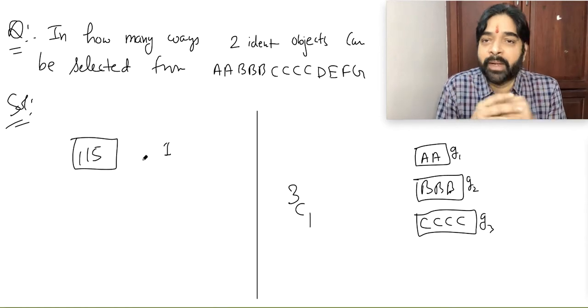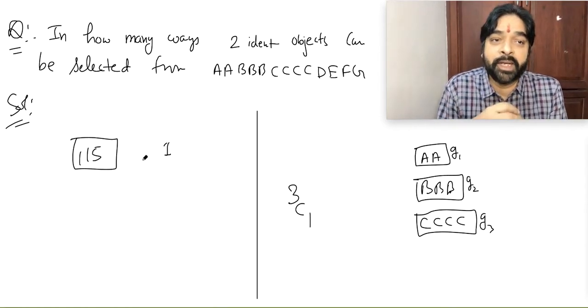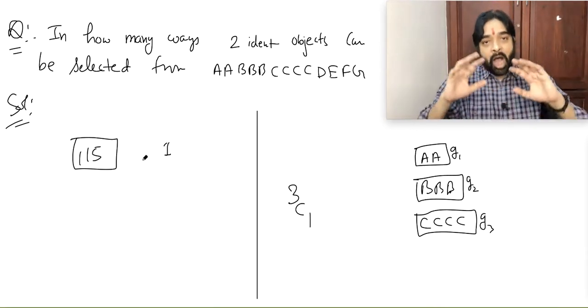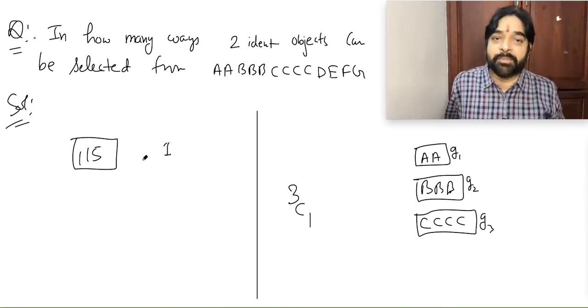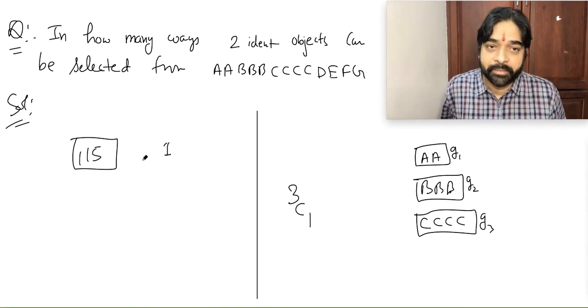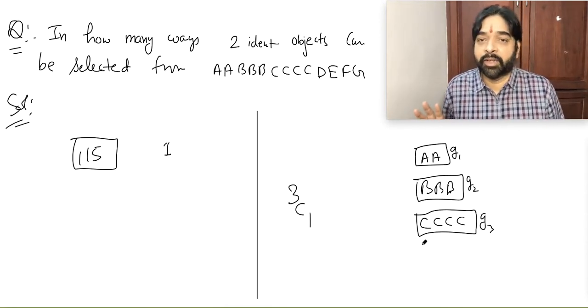It's not going to matter. Very small point, but be clear, it will play a very crucial role in PNC and probability. If you are selecting a particular number of identical objects from a group of identical objects, it does not matter for the counting. Is it clear to everybody?